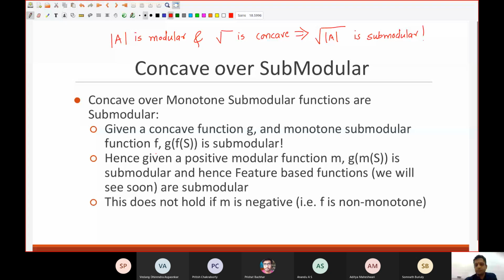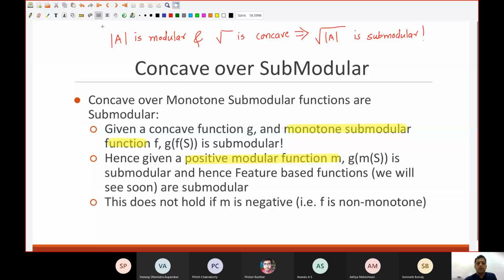If you have a positive modular function m, this is the interesting thing, it's not just modular. It is monotone, it's positive. So that's important.